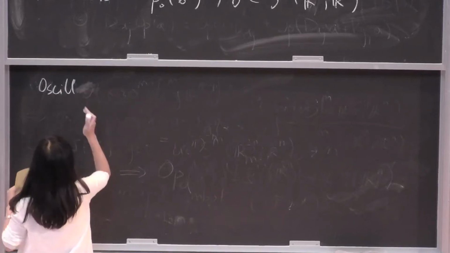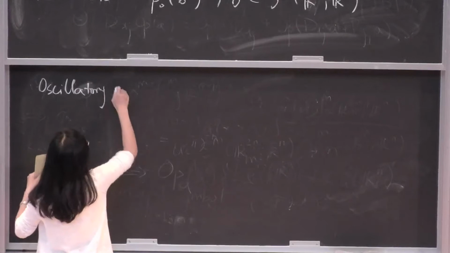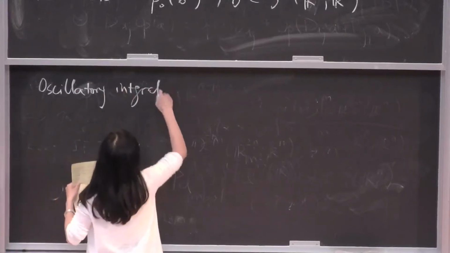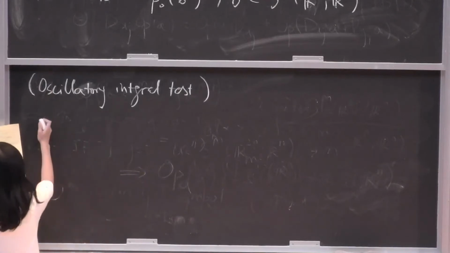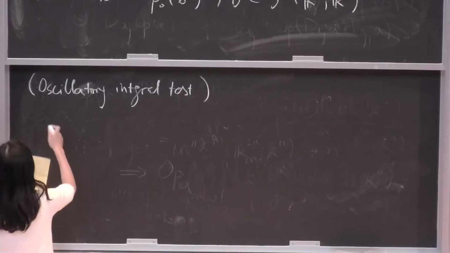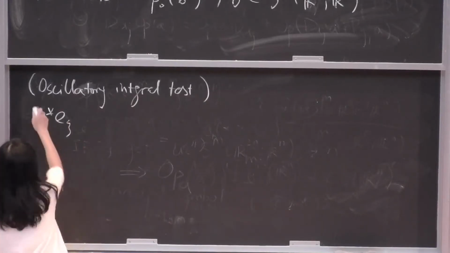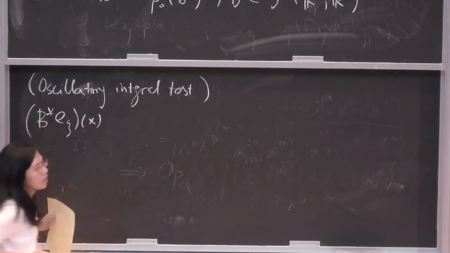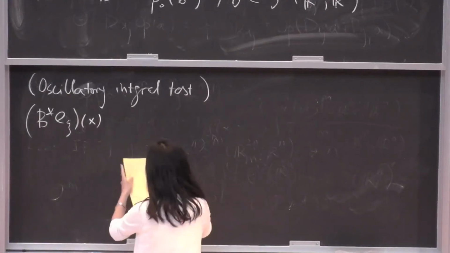Oscillatory integral test: I want to write this B* E_ξ in a way that makes it not hard to see what it is.